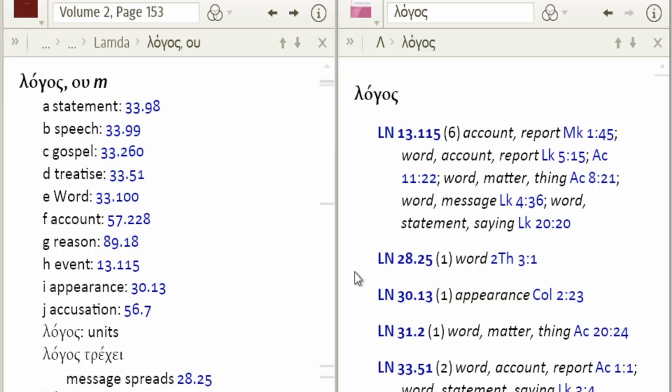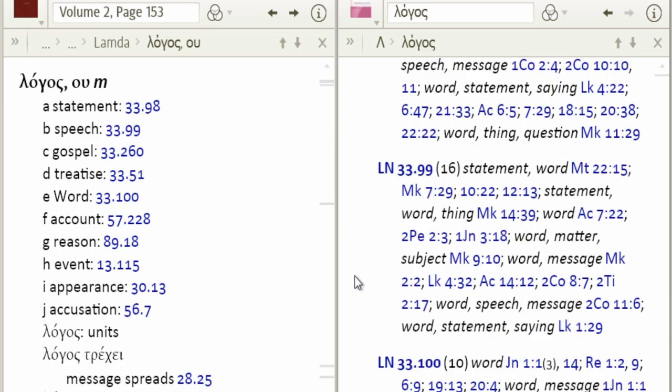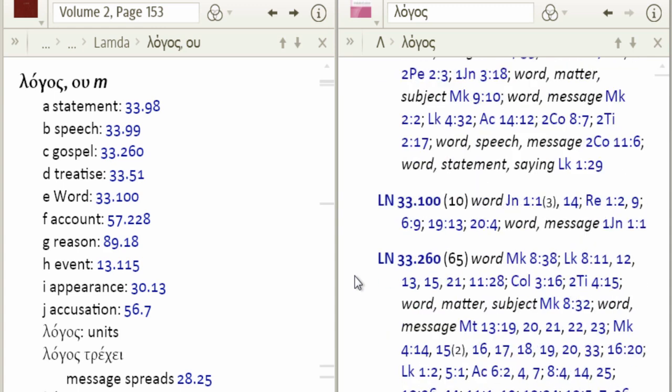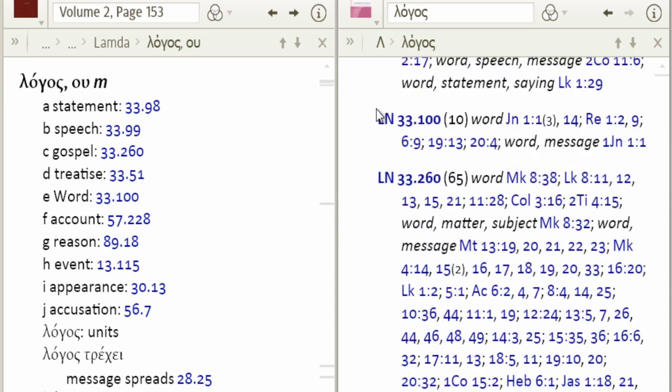Let's scroll down to the usage that we found in John 1:1, which is LN 33-100. And this brief subsection shows that this usage is used 10 times in the New Testament, is translated word, appears 3 times alone in John 1:1, and also appears in a couple of these other passages, or verses, in the New Testament.